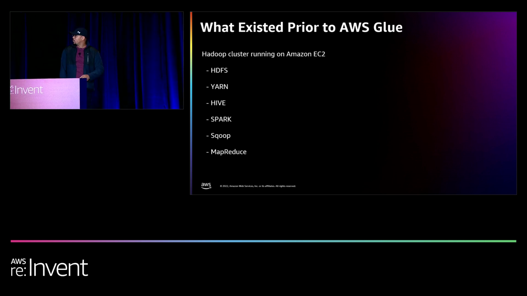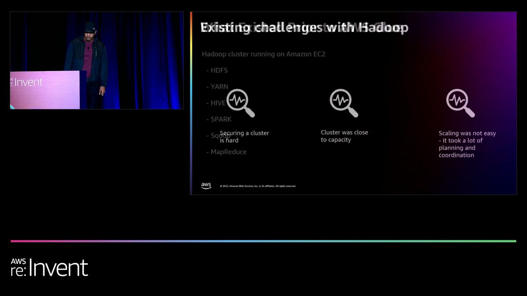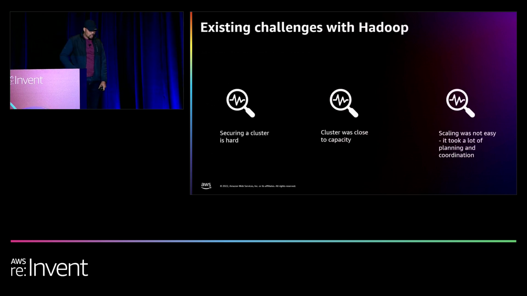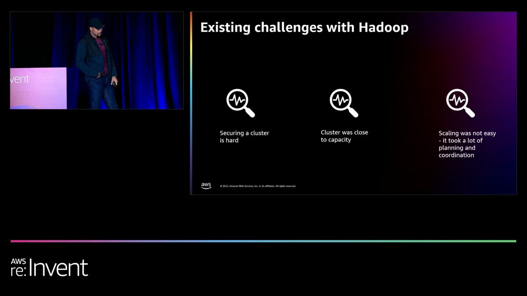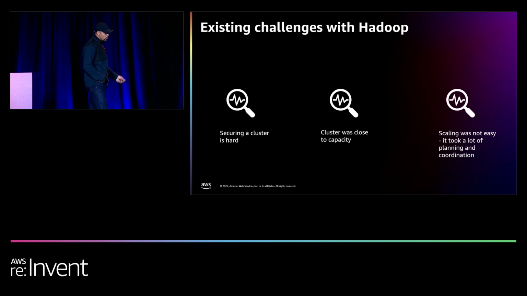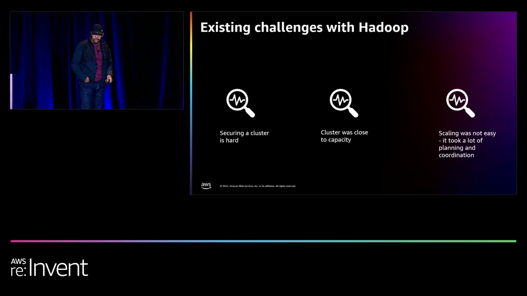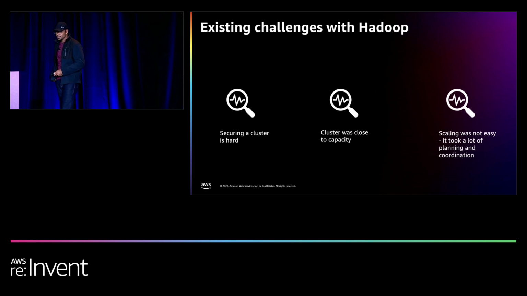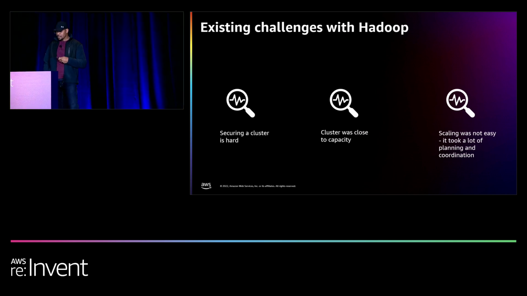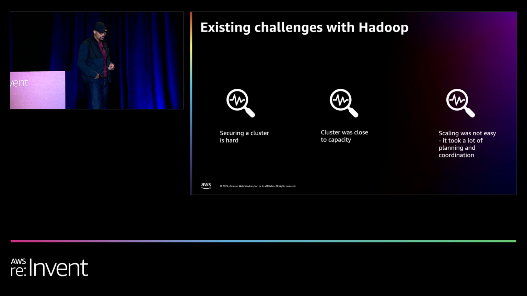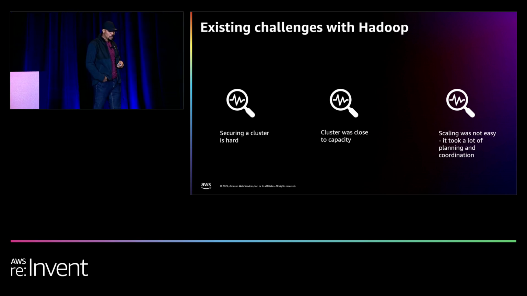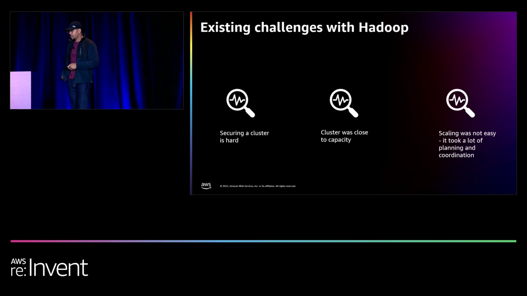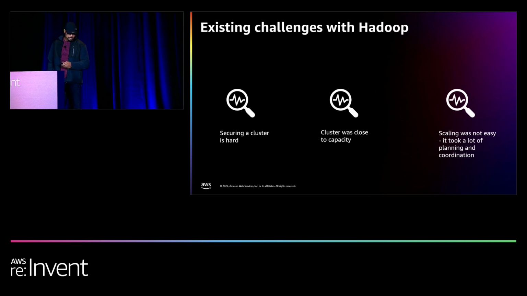But if you ever play with Hadoop on EC2, you'll know that there are some challenges. It's hard to secure. If you're dealing with Kerberos and refreshing tokens and patching EC2 instances, it's not simple. So you have to divert resources over to maintaining and keeping that Hadoop cluster up and running.